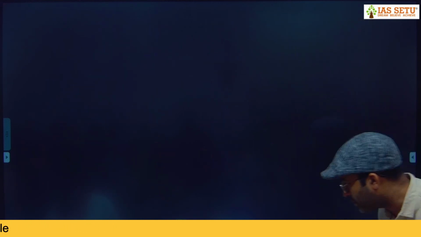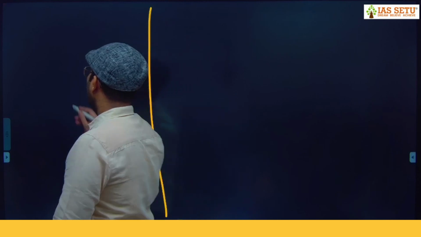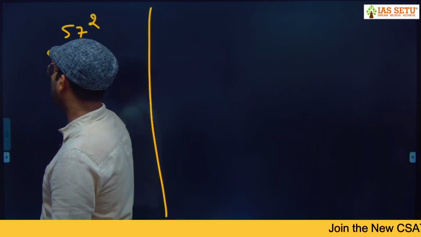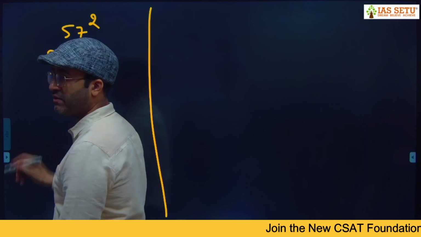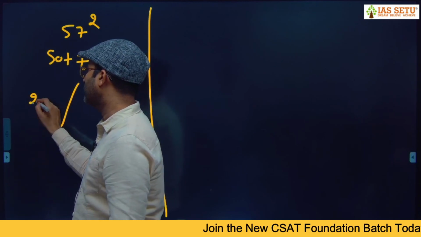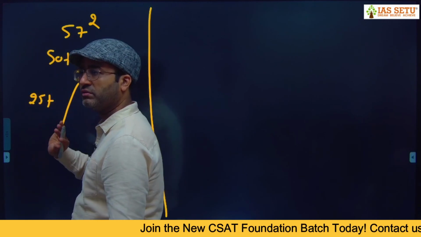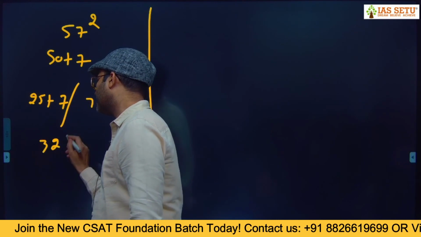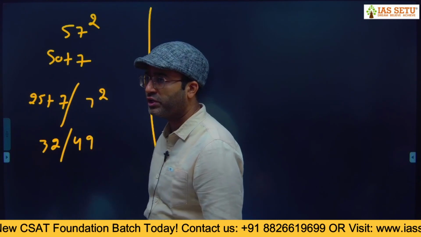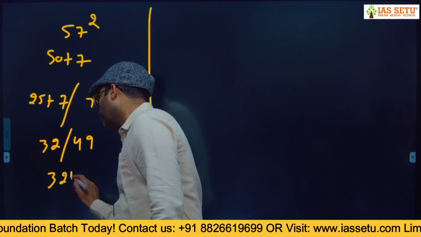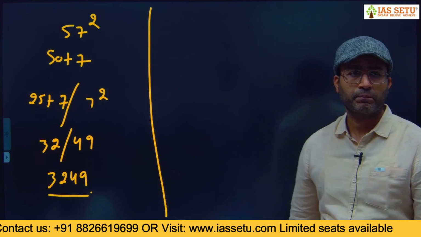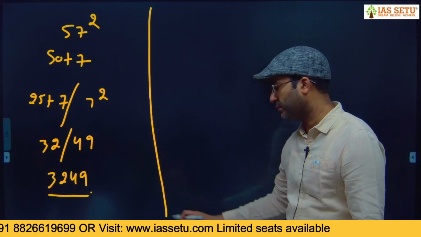Let me take some extra values. Like here 57 square. So step number 1 we break it as 50 plus 7. Then left hand side value, 50 becomes 25. That's it. Plus 7, 7 square. So it is 32. What is 7 square? 49. So it is 3249 is your answer. You try step by step.